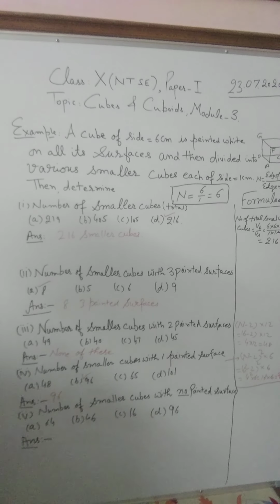Next we have number 5, and this says the number of smaller cubes with no painted surface, which means there is no paint on the surface of small cubes, that is the inner portion which is not painted, and that is solved by the formula (capital N minus 2) whole cube.